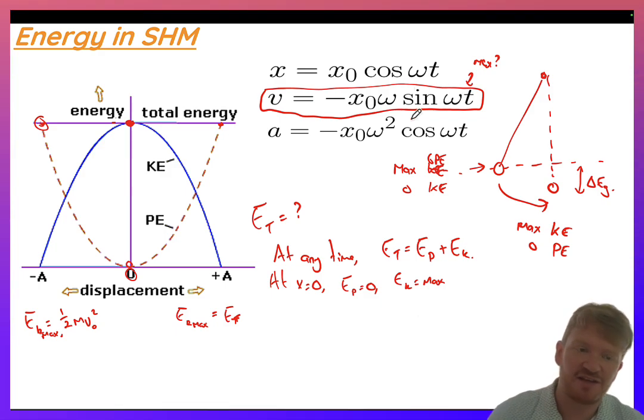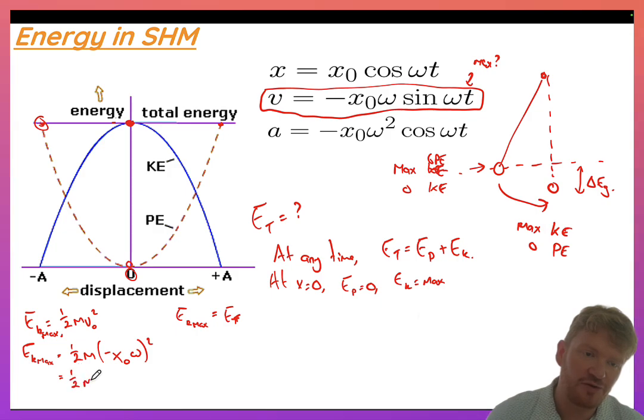So the maximum kinetic energy will be a half m times the biggest this can be, which is minus x naught omega times 1, and I need to square that because that's velocity. When I square a negative number, it always becomes positive. So that becomes a half m x naught squared omega squared.